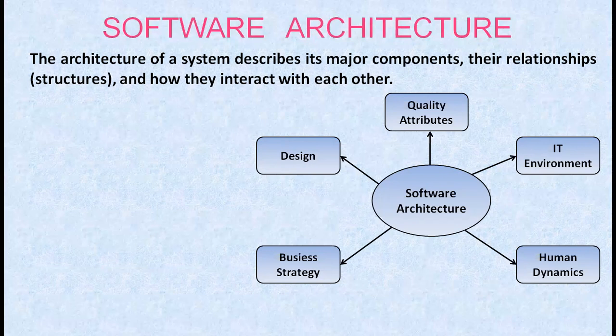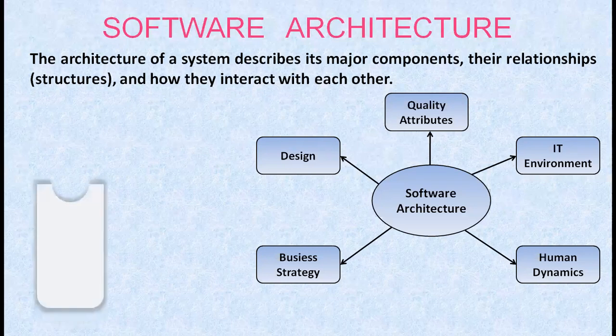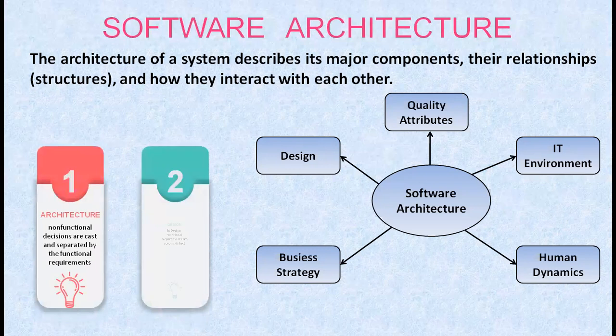We can segregate this into two distinct phases: software architecture and software design. In architecture, non-functional decisions are cached and separated by functional requirements, and in the design phase, functional requirements are accomplished.